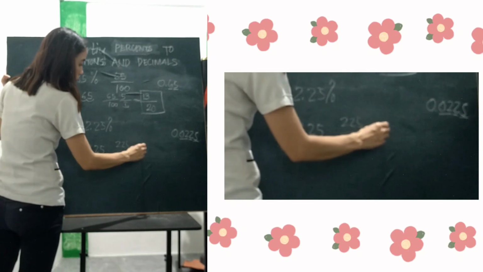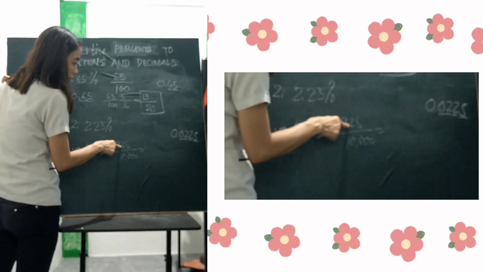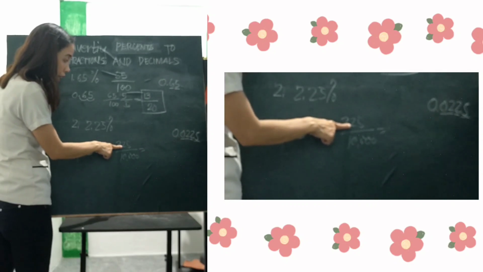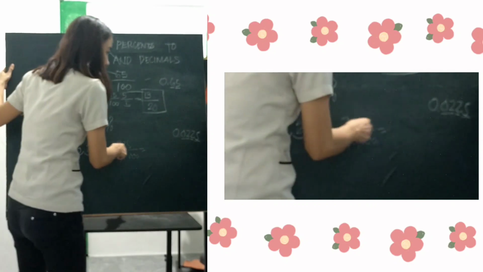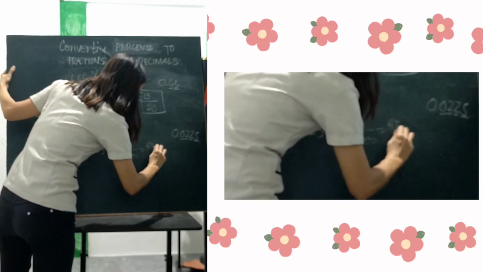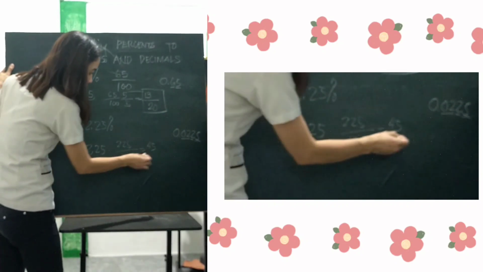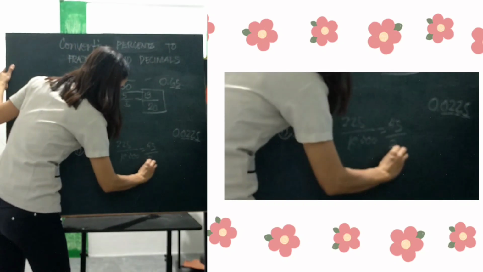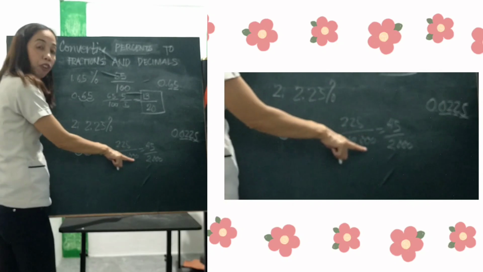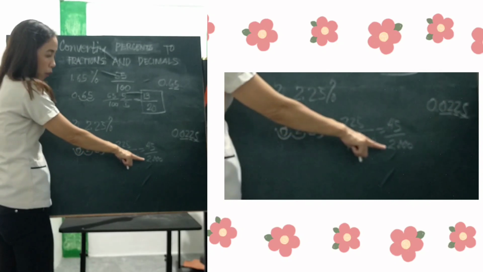Yes. So, we will divide it by 5. So, 225 divided by 5 is 45. And 10,000 divided by 5 is 2,000. The answer is 45 over 2,000.